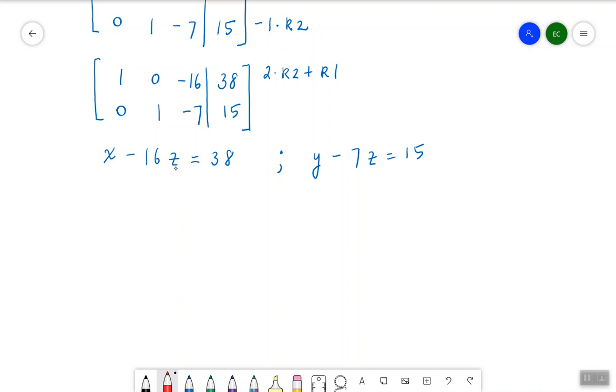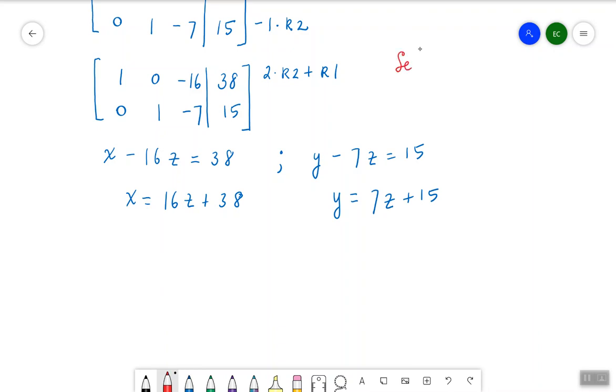Z should be arbitrary because it shows up in both equations. And if we solve for x in the first equation, we get x in terms of z. We could say 16z plus 38. And if we solve for y in the second equation, we get y equals 7z plus 15.